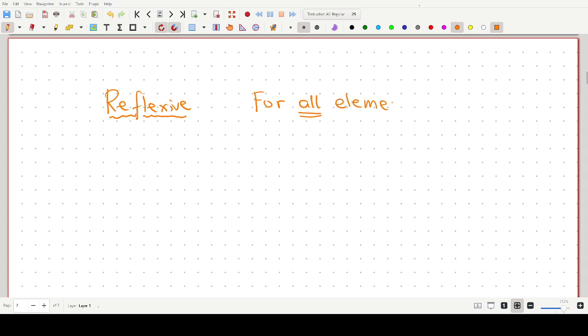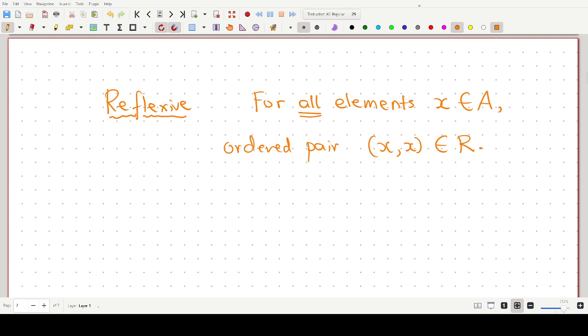So for all elements X belonging to our given set, the ordered pair X comma X must be in R. Now, if there is at least one element y for which y comma y is not there in the relation R, then it is not reflexive.